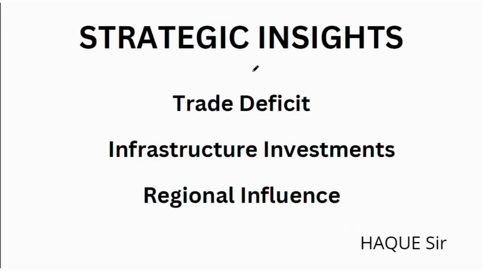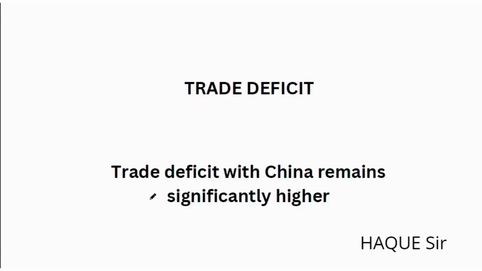We will see these strategic insights in three economic terms. First is the trade deficit, and second is the infrastructure investment that India and China are making in Bangladesh. These two aspects have implications for regional influence also. Although they are investing for regional influence, this investment is a key factor in influencing their presence in Bangladesh. So let's start with the trade deficit.